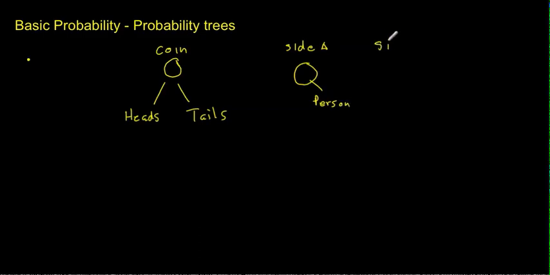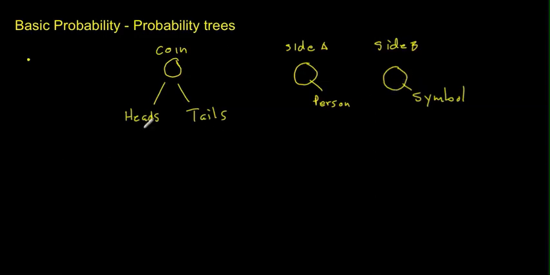And on side B, there's usually some sort of a national symbol. It could be a tree, a flower, an animal, whatever the symbols might be, it'll be on the other side. So when we say heads, we are talking about side A, and when we're talking about tails, we're talking about side B.